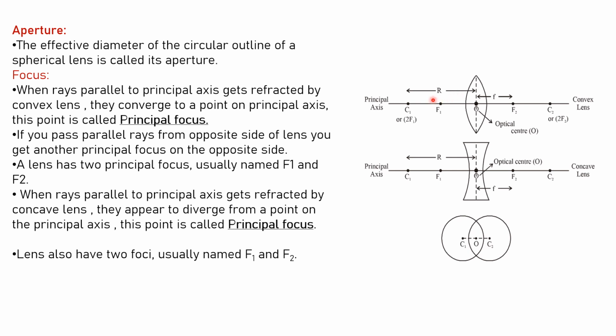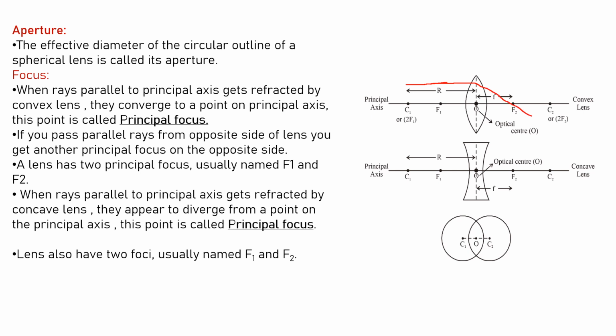So let's take the first case, convex lens. When rays parallel to the principal axis get refracted by the convex lens, they converge to a point on the principal axis. We have seen this in the last diagram. If I make a ray coming out from the object parallel to the principal axis pass through, it seems to converge at the focus.